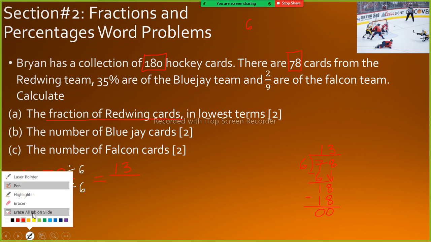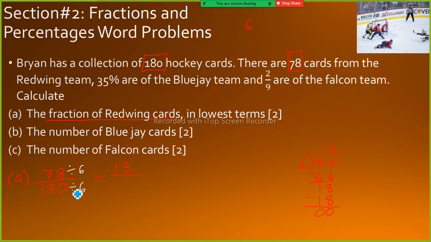Now, what is 180 divided by 6? That's going to be 6 times what? 3 gives me 18. And 18 minus 18 is 0. Bring down the 0. And so we have 6 times 0, which is 0.